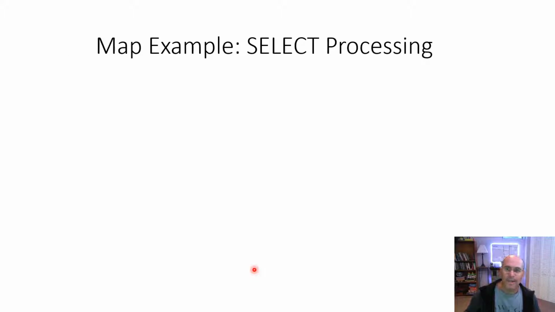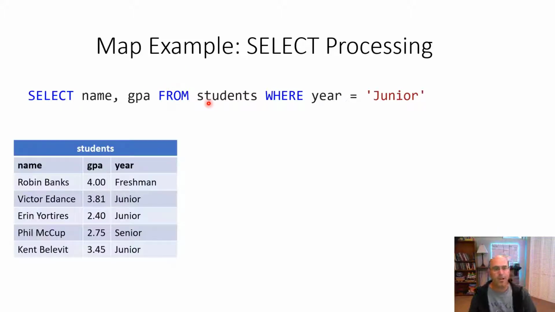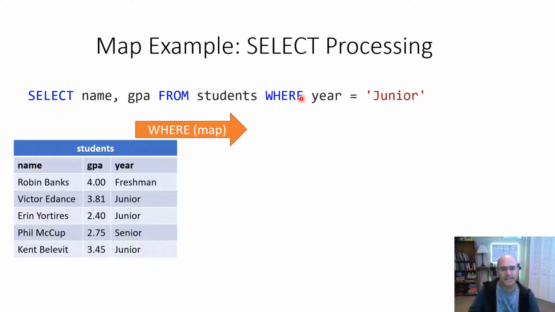So let's go through an example of a map. So I have select name and GPA from students where year is junior. Of course, step 1 is we start with from. So there's my from clause. Then step 2 in the select processing is to perform this where clause, which actually is a map.